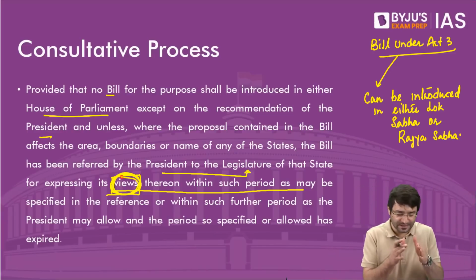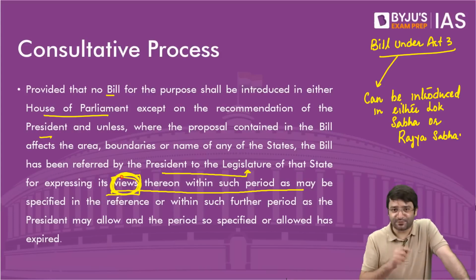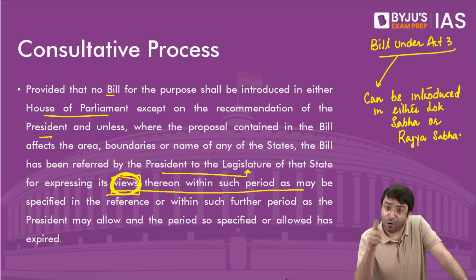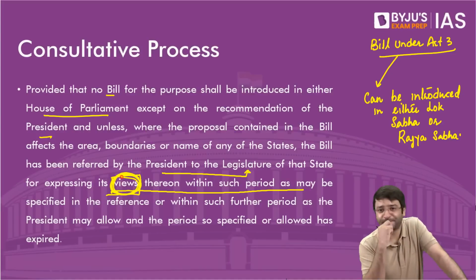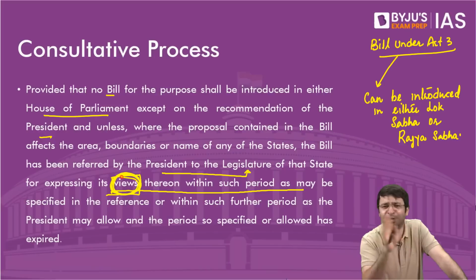When the state is under president's rule, listen to me carefully. When the state is under president's rule, who has the power to make law for that state? Parliament. But only law-making power is with the parliament. No other power of the legislature is given to parliament.